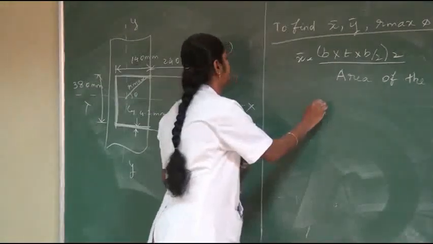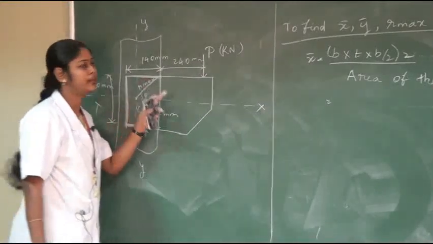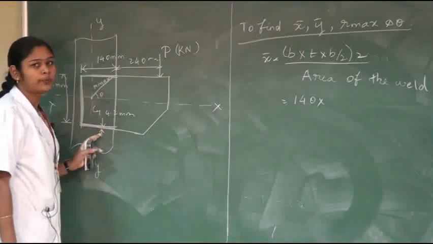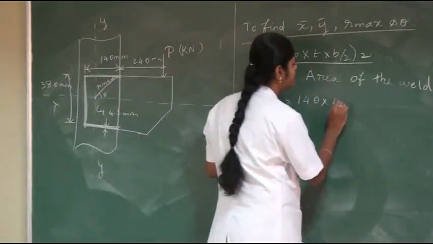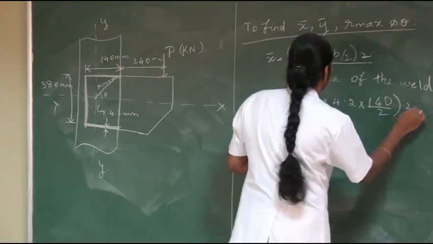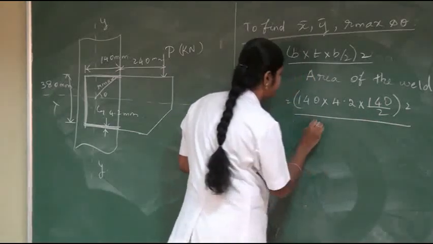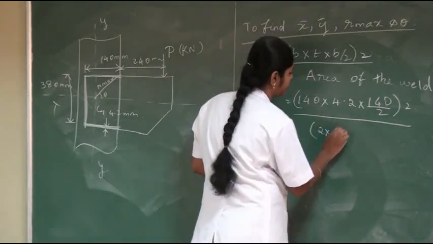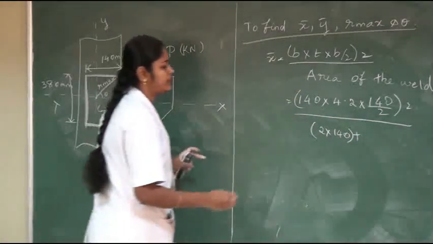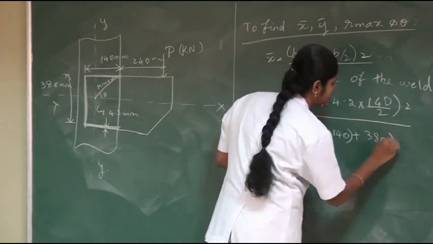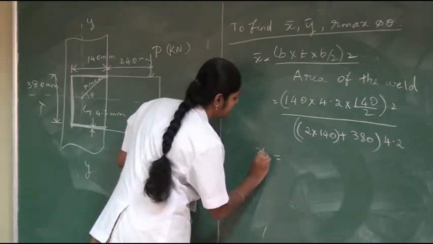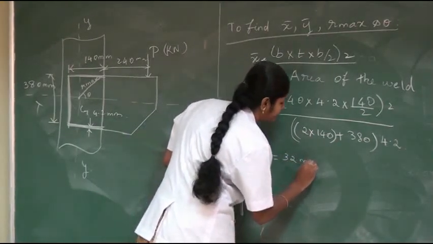Here the breadth is 140 mm. 140 into thickness of the weld 4.2 mm into breadth divided by 2, 140 divided by 2 into 2, divided by area of the weld, same, 2 into 140 plus the depth 380 mm into thickness 4.2 mm. Therefore, X bar is equal to 32 mm.